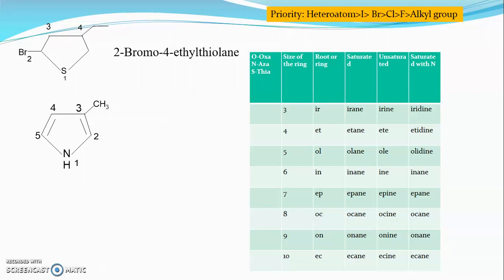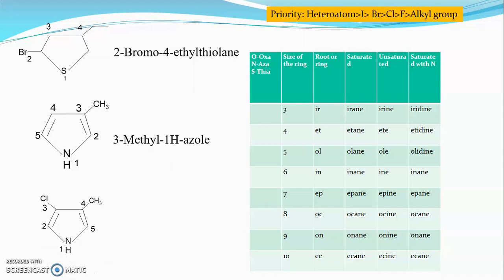Now this one is a 5-membered unsaturated ring having nitrogen. But here there is no question of the nitrogen hydrogen issue because it is anyway an unsaturated ring. So ol is there, it's a 5-membered ring and aza. So aza plus ol is azole. And here you have to write down 3-methyl 1H azole.